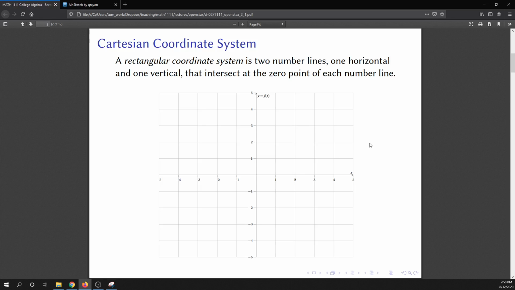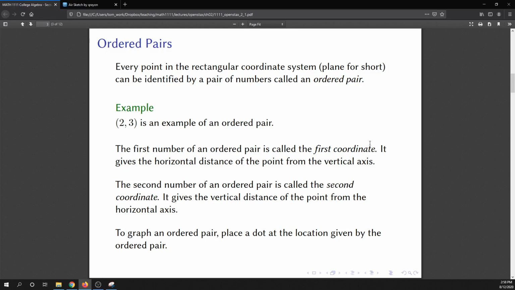I'm sure you've probably seen that at some point before. Every point in that rectangular coordinate system, or plane for short, can be identified by a pair of numbers called an ordered pair. We write ordered pairs in this notation: a little set of parentheses right here, and then two numbers with a comma separating them.